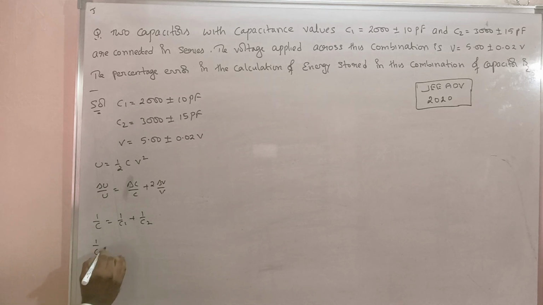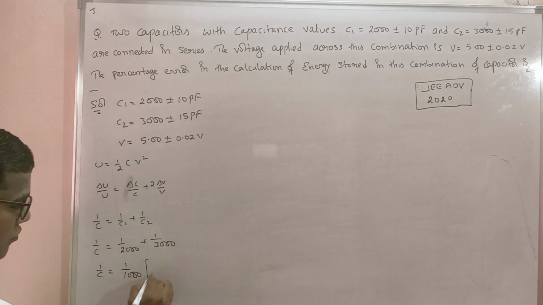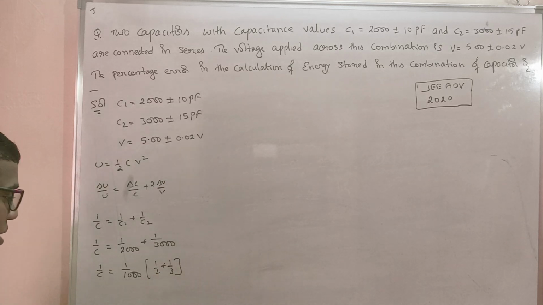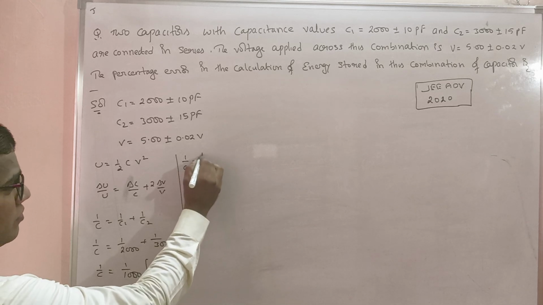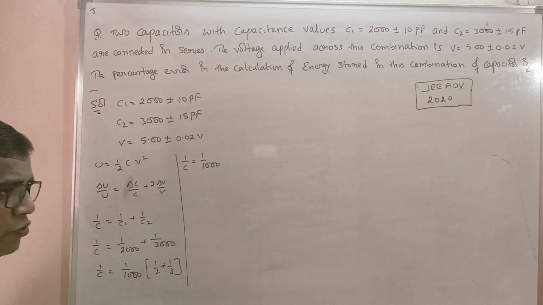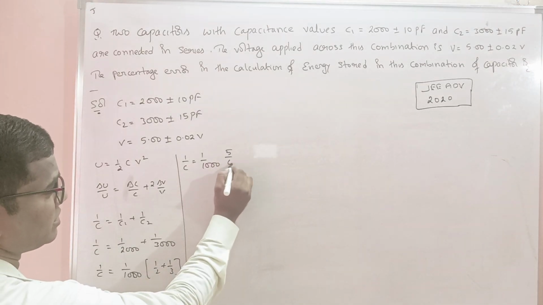So 1/C can be written as 1/2000 + 1/3000. Taking 1000 common, 1/C = (1/1000)(1/2 + 1/3). Doing the LCM, we get 3 + 2 = 5, so 5/6.